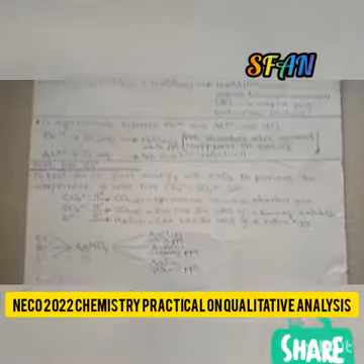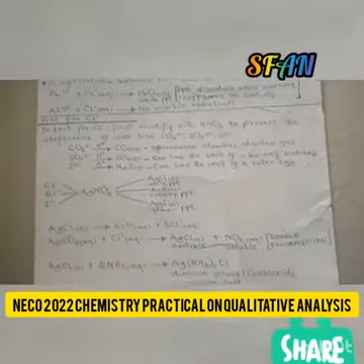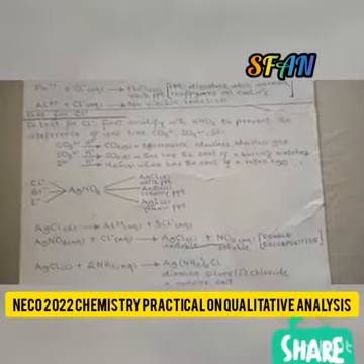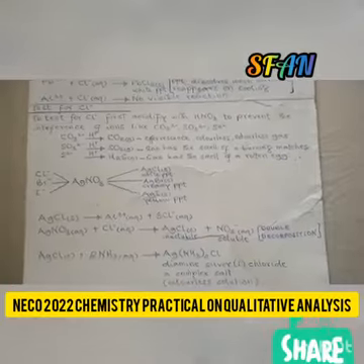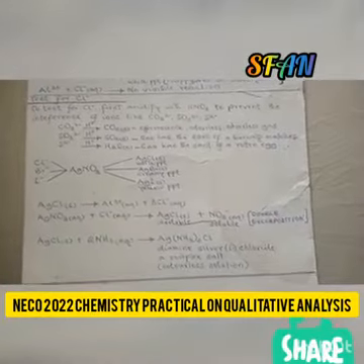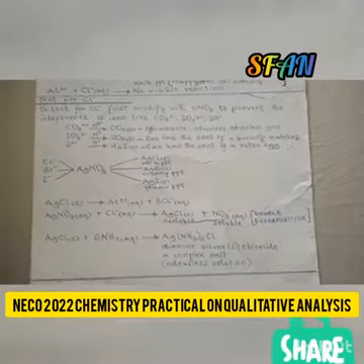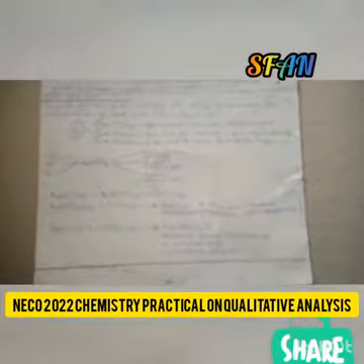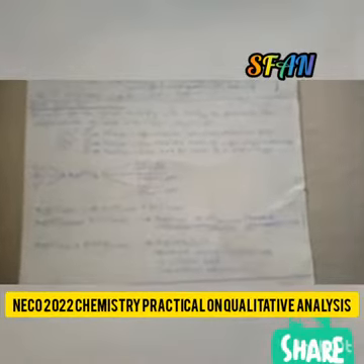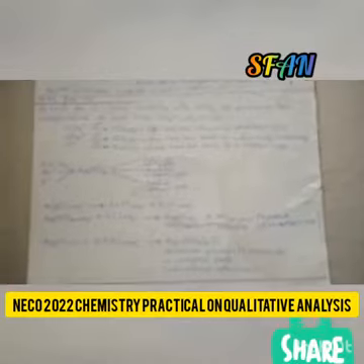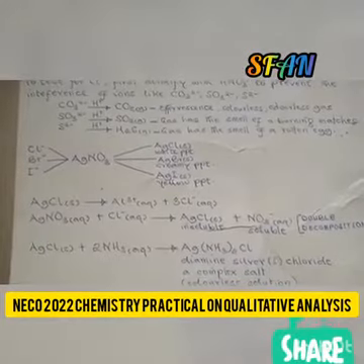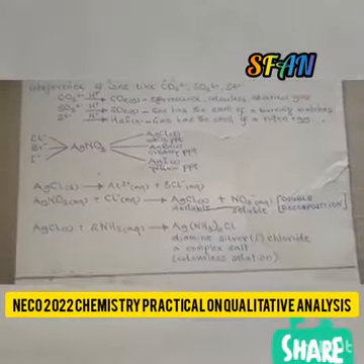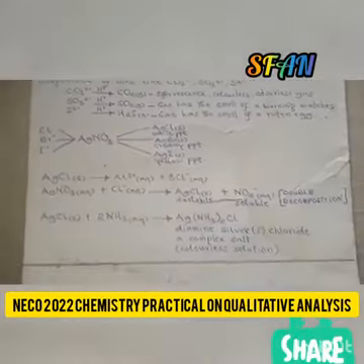So here we tested for the chloride ion, and we also did the test for the cation, which is Al³⁺.